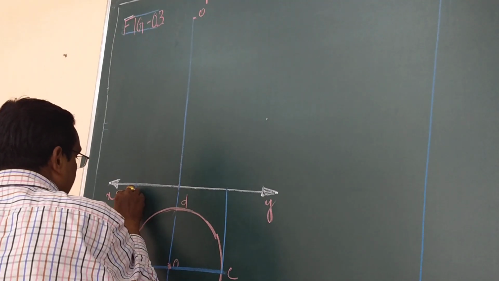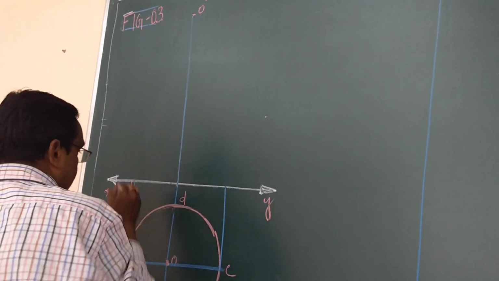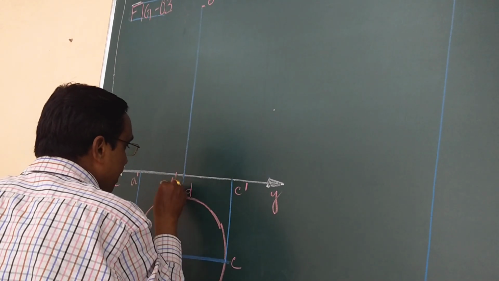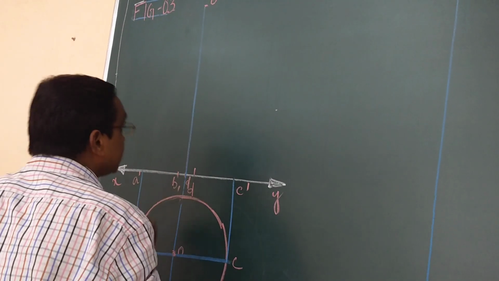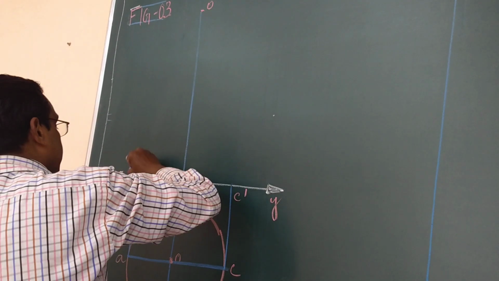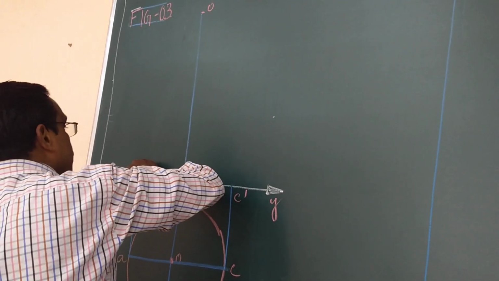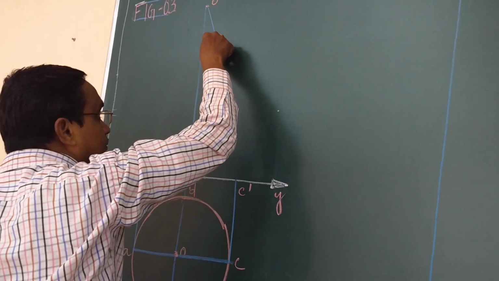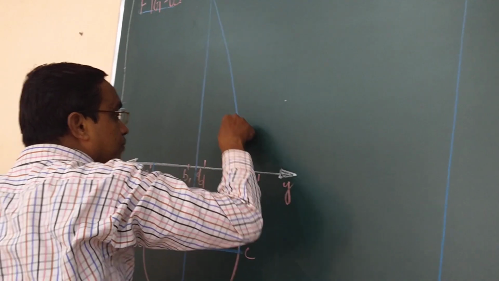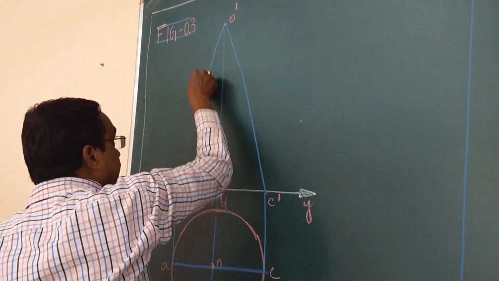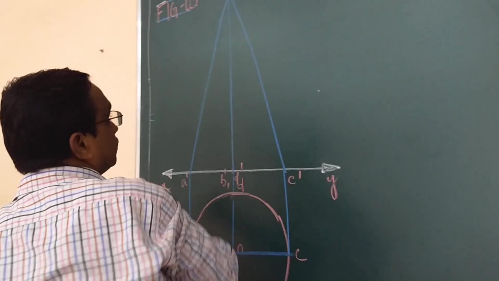This is your A dash, C dash, this point is B dash comma D dash. You join O dash to A dash, and similarly here also you join.